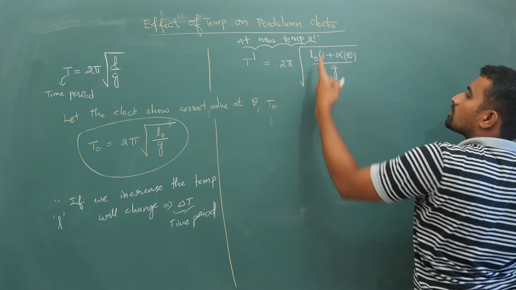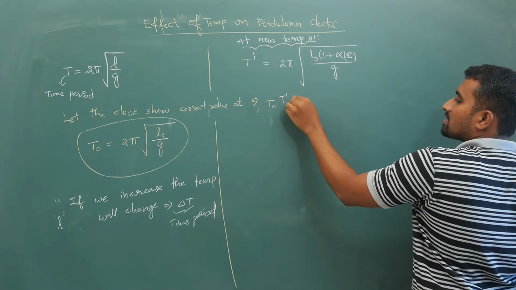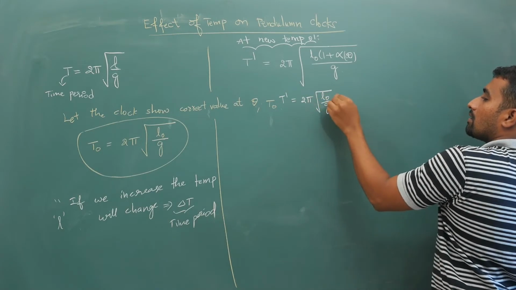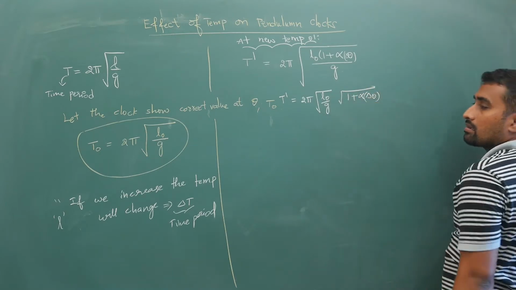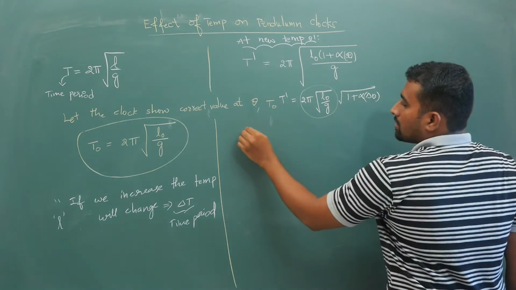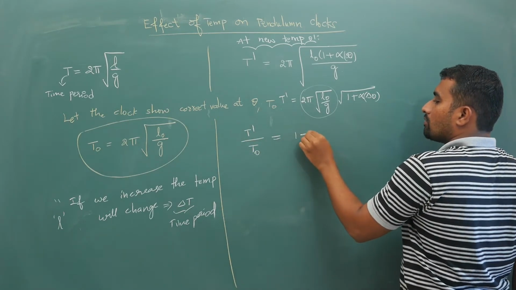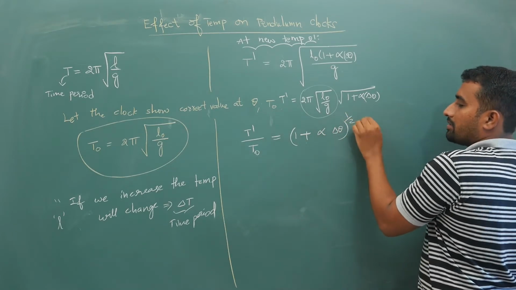So T dash is 2 pi into under root L naught by g times under root 1 plus alpha delta theta. This term is once again the initial time period. So T dash by T naught is equal to 1 plus alpha delta theta whole power 1 by 2.